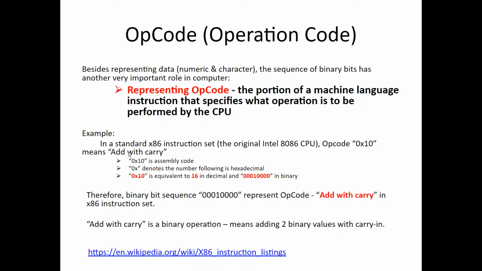Here is the breakdown: 0x10 is the assembly code, and 0x means the following is hexadecimal. Since this is 16 in decimal, you just represent it as 16 in binary, and it will be sent in as opcode, and the CPU will recognize that it is supposed to be adding with a carry.